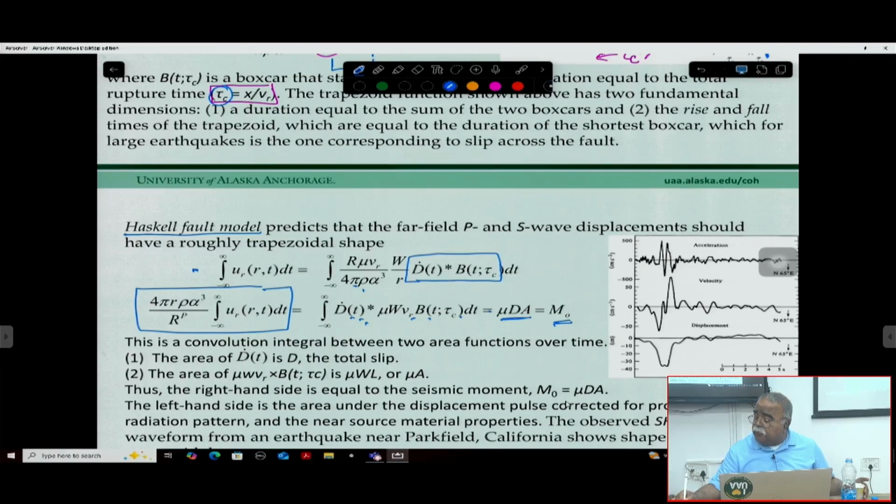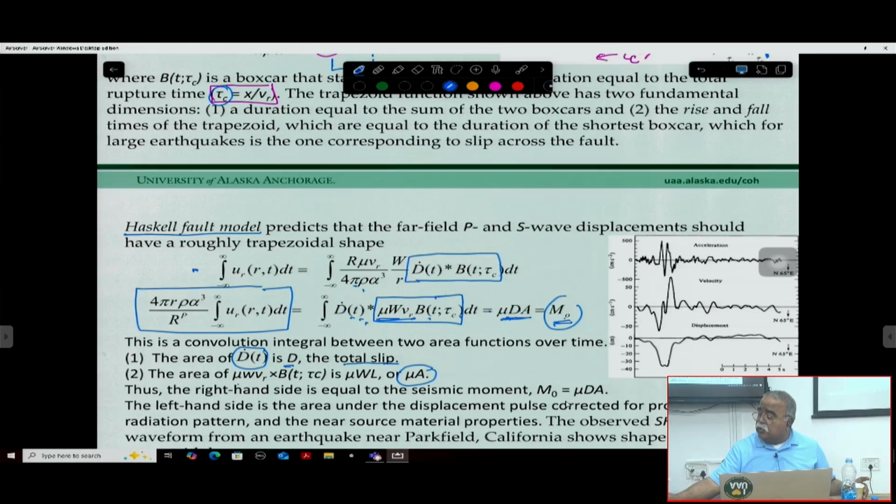The area of your d dot t is basically d. It is the total slip, right? So d is the total slip. D dot is the rate of change of the slip, and the area of these things, this W, VR into TC, this is basically equal to mu A. So this is the mu A, and this is basically the D. So mu into dA into this, that will be the total moment, right?